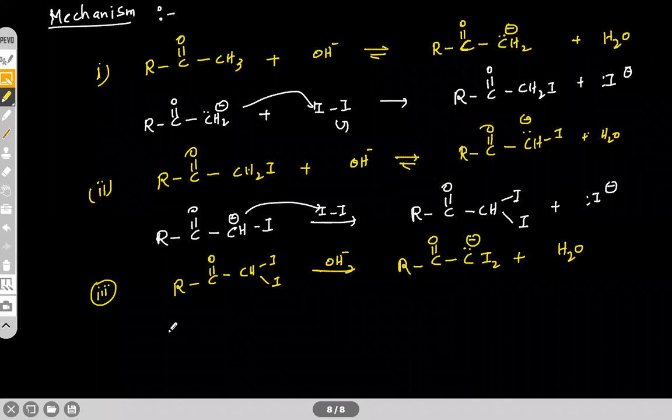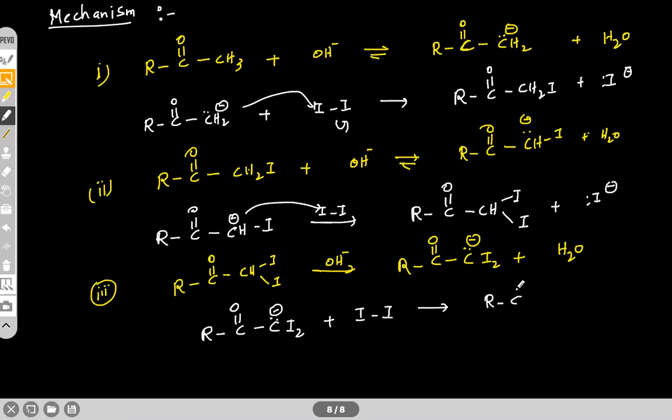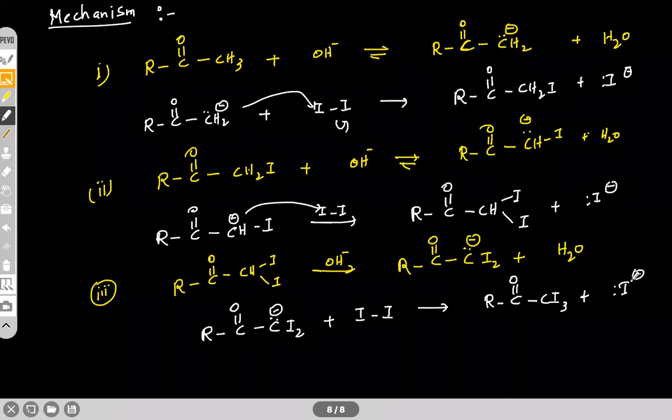All these steps are the same. And in the next step, again one iodine attaches to the negatively charged carbon: CI2 negative plus I2 converts into R-C double bond O-CI3 plus I minus. So these are the first steps actually. In the first step, this happens. Copy this down first.